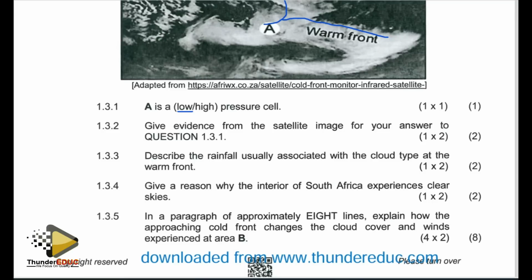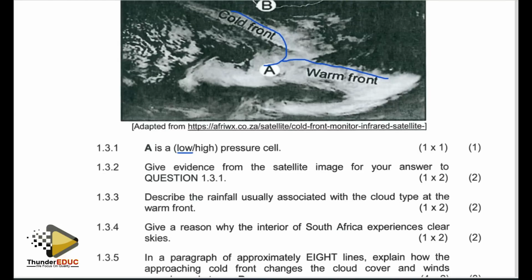Then we move on to question number 1.33. Describe the rainfall usually associated with the cloud type at the warm front. At the warm front around here, what kind of clouds do we tend to find?